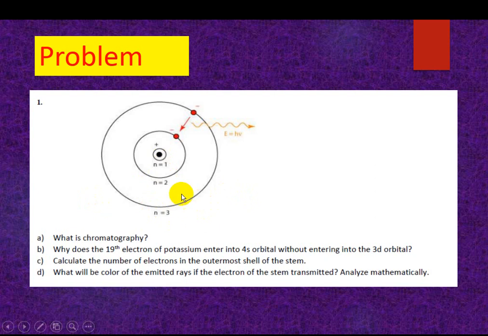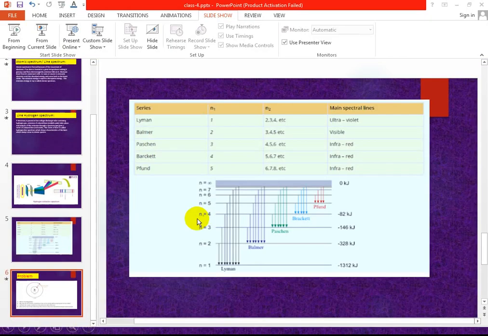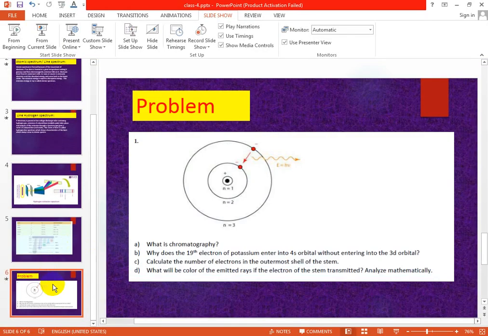Yes, N3. Outermost shell means the outside shell, the very outside shell. So here we will calculate the electrons. Now question number C I am solving.